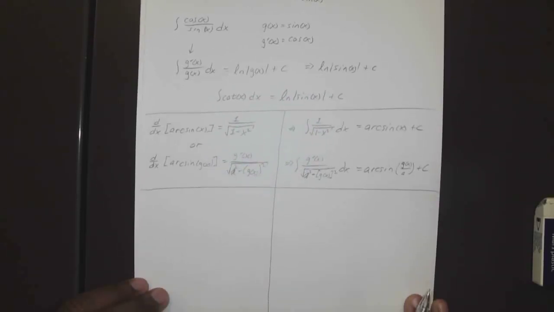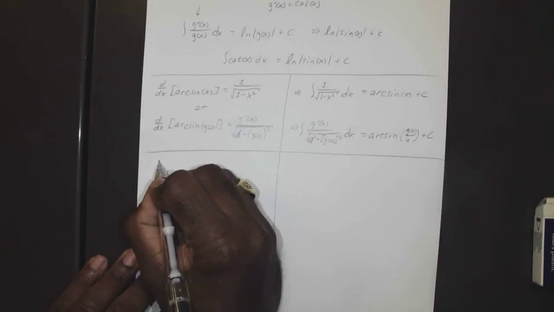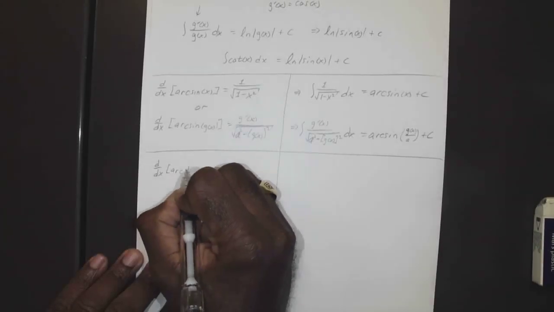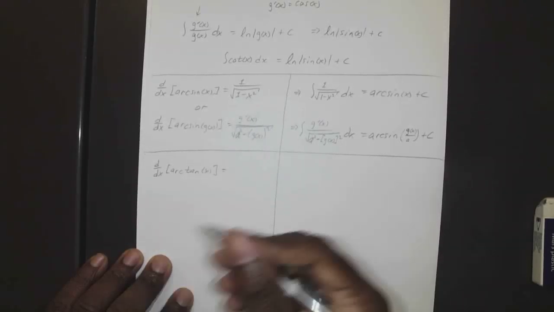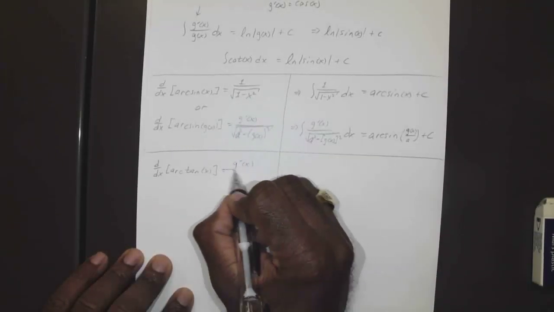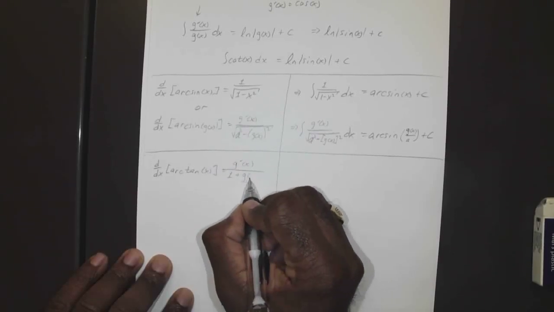All right, so we have arc tangent missing. The derivative of arc tangent of x, if you remember, is g prime of x over 1 plus g of x squared.